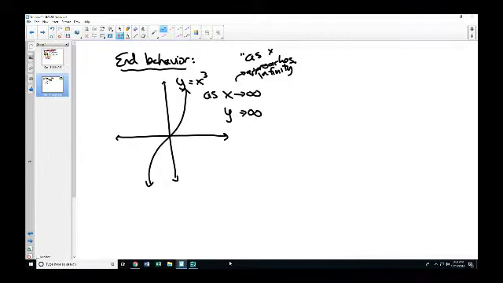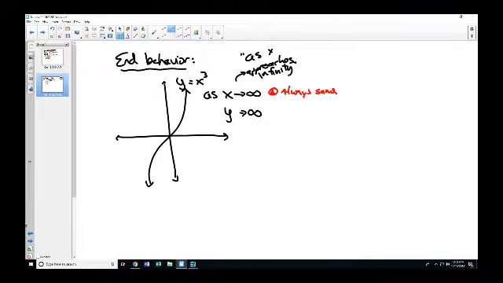This part of the statement is always the same. That is always there. As x approaches infinity is always a part of your statement. The only question is, is y approaching infinity, or negative infinity, or some number? Okay, that's it. We have to do both sides.